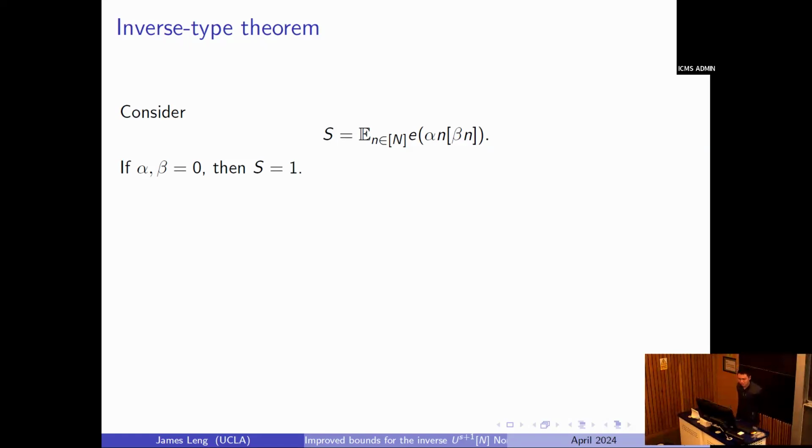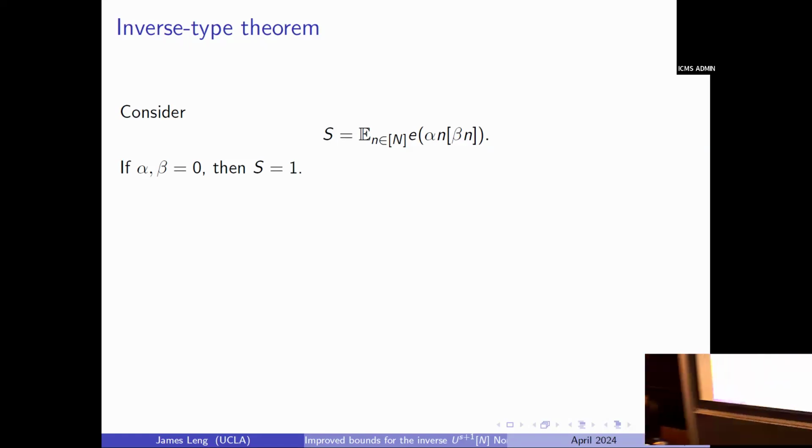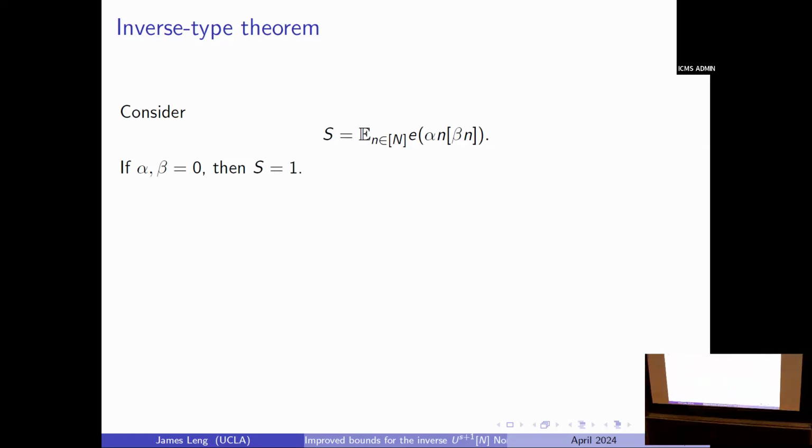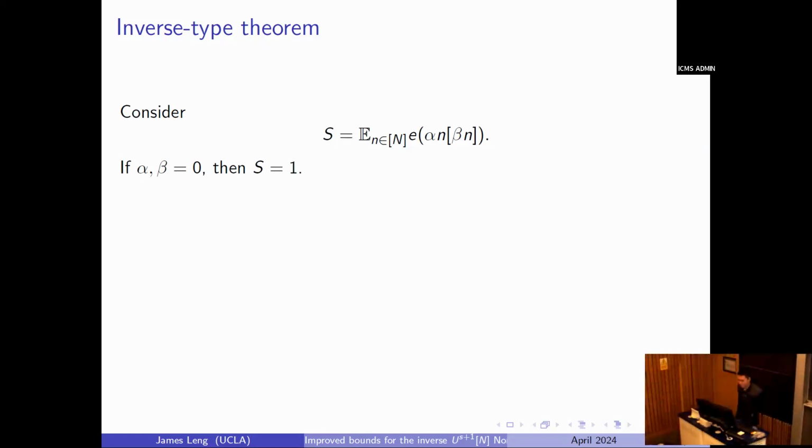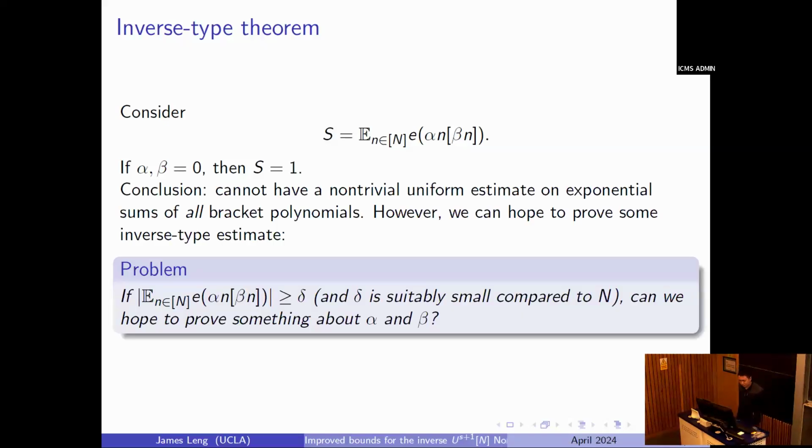So if alpha and beta are both equal to 0, then this exponential sum is just summing over one function, so it's going to equal 1. So the conclusion is you can't really have a non-trivial uniform estimate on exponential sums of all bracket polynomials. However, we can hope to prove some inverse type estimate.